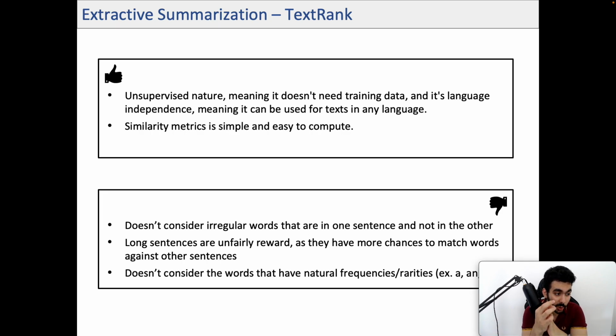Long sentences are also unfairly rewarded: if we have a sentence of 20 words and a sentence of 3 words, then the sentence of 20 words has more chances to match words against other shorter sentences, and at this point has a higher score. And the natural frequencies or the rarities of words are also not considered by TextRank.